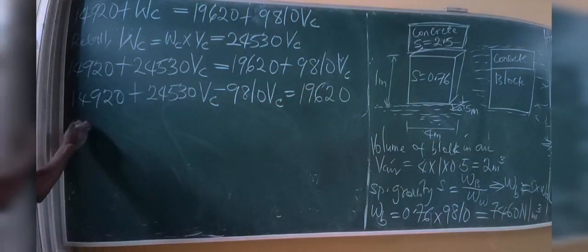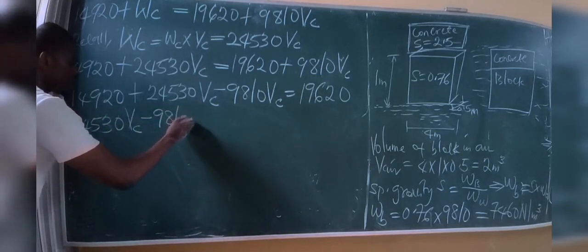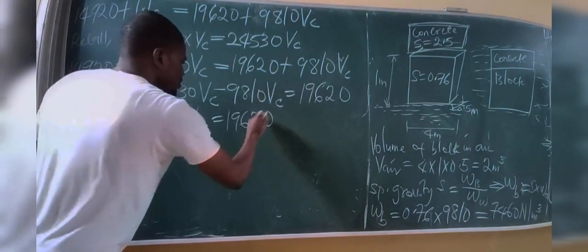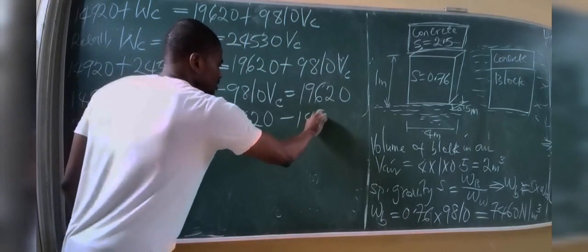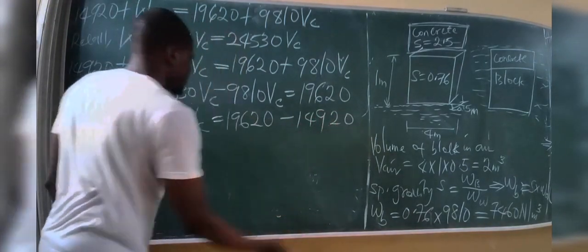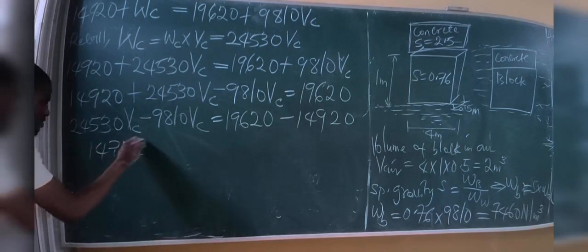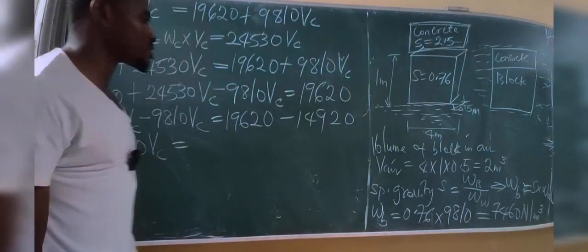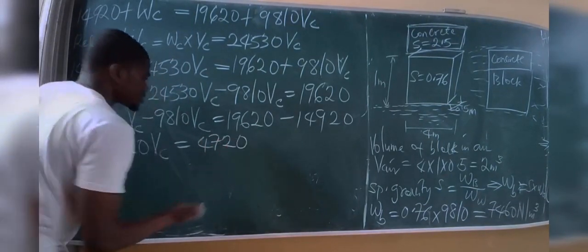So I'll have 24530 VC minus 9810 VC equal to 19620 minus 14920. So we obtain 14720 VC, and this is now equal to 19620 minus 14920, which gives us 4720.